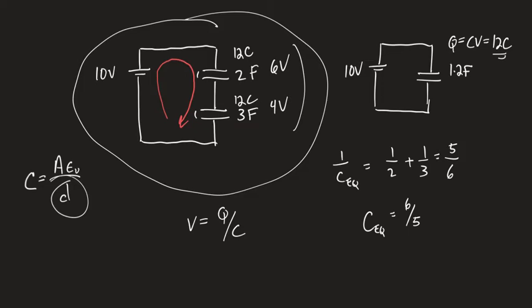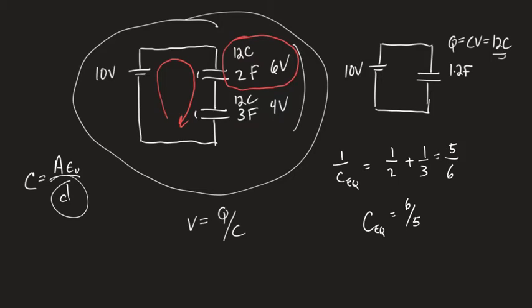Interestingly enough, keep this in mind, the smaller capacitor gets more of the voltage. Why? It takes more voltage to get to the same charge because it's a smaller capacitor. It's harder to charge up, so it needs more voltage to get to the same charge as the larger capacitor does. So they don't share the voltage evenly.